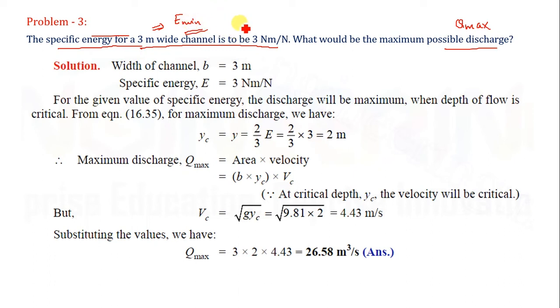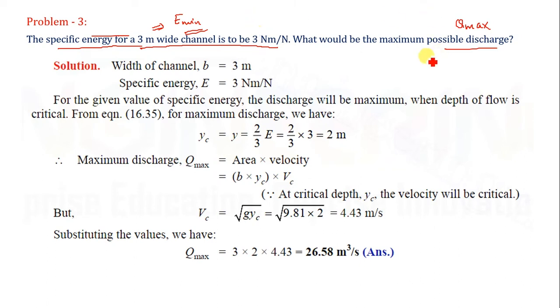So this problem is to be solved considering the flow as critical flow. Remember, since he is asking for the maximum possible discharge, Q max, as we know, when Q equals Q max, E equals minimum, you need to consider this as a critical flow.